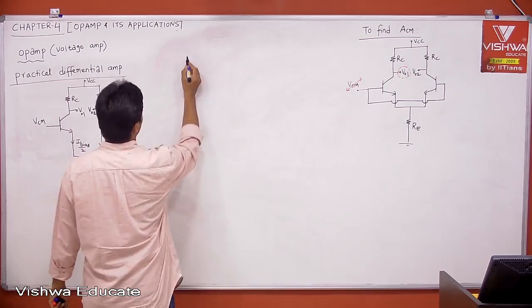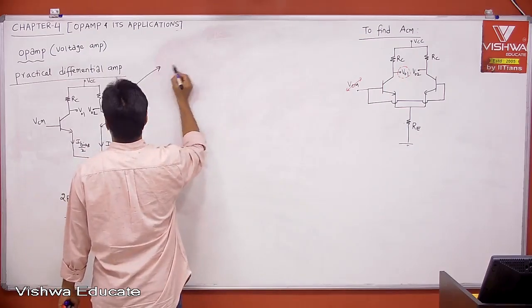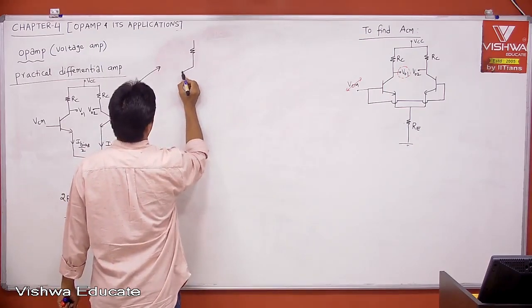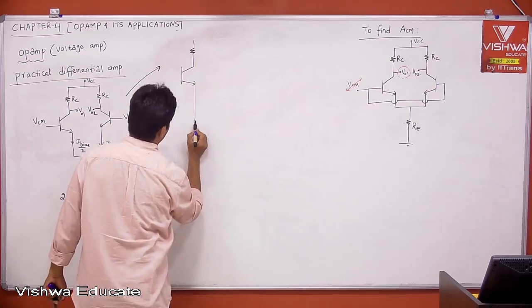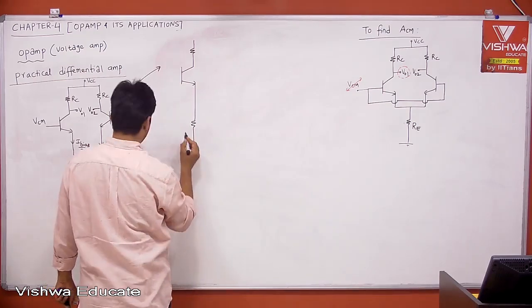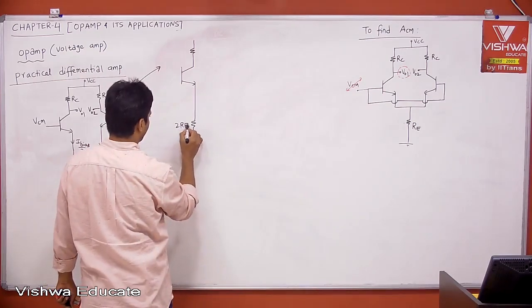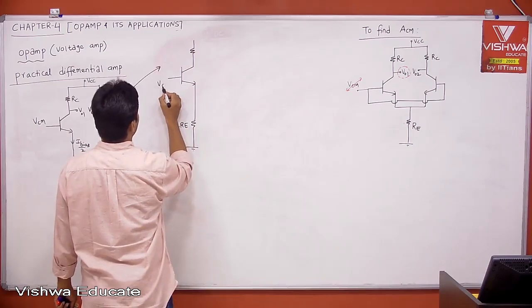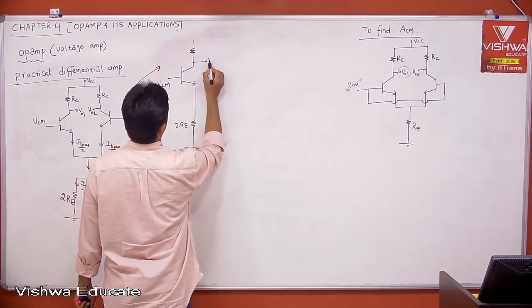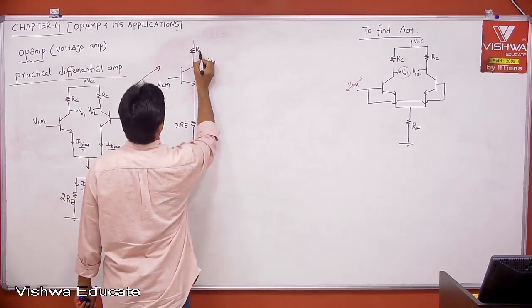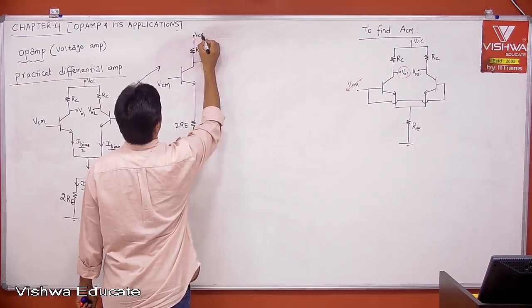Now, can I draw the same circuit again, like this? This is nothing but 2 RE, and this is your VCM, and this is your V01 and RC, and now this is VCC.